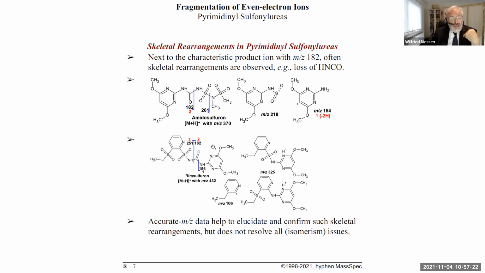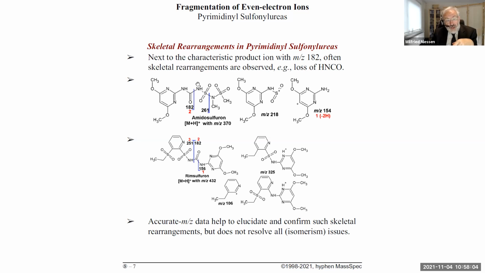And one of the interesting things in studying the spectra of especially these type of compounds, or many other compounds from this class, in a little bit more detail, is that at a certain stage you can have the cleavage of this bond. So you produce the product ion 261. And in the spectrum, you also see a product ion 218, where the accurate m/z indicates that the elemental composition must be consistent with the loss of HNCO from the 261.